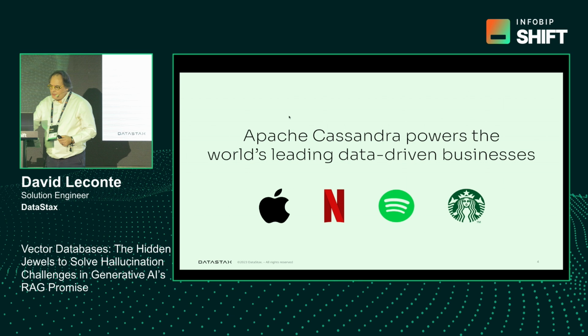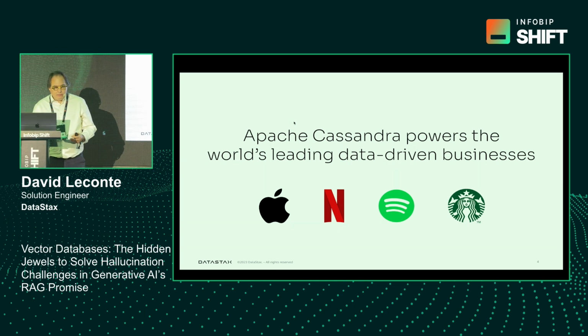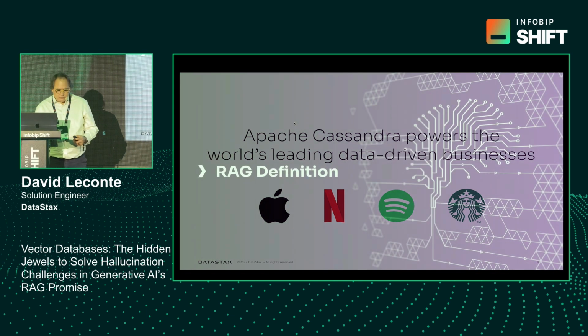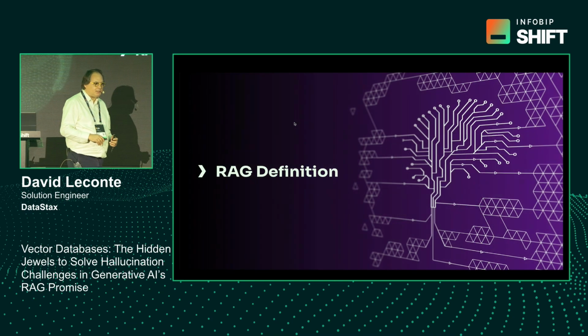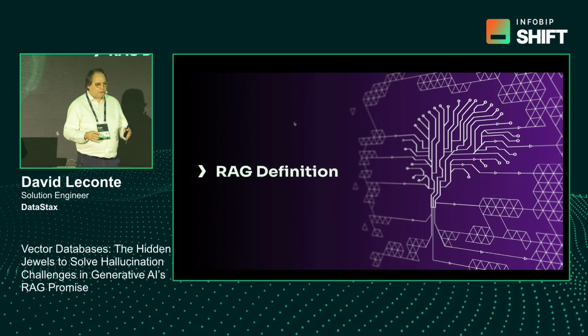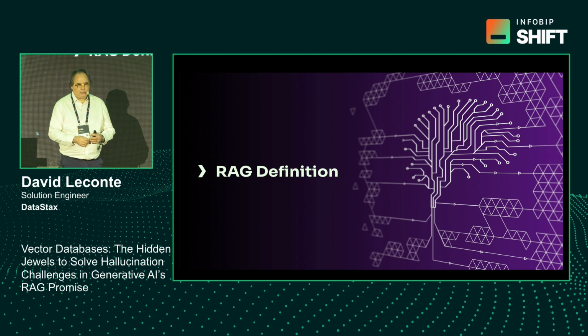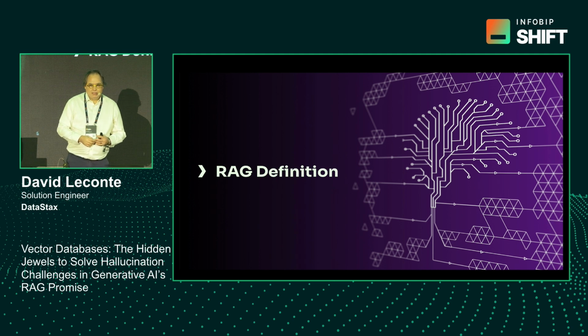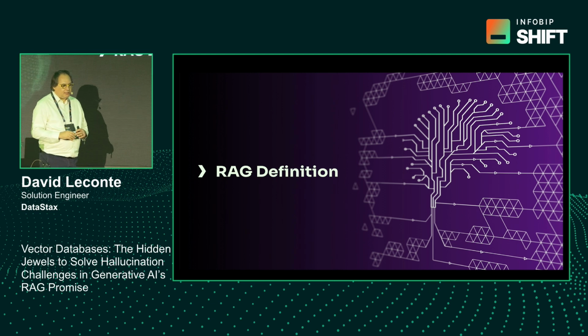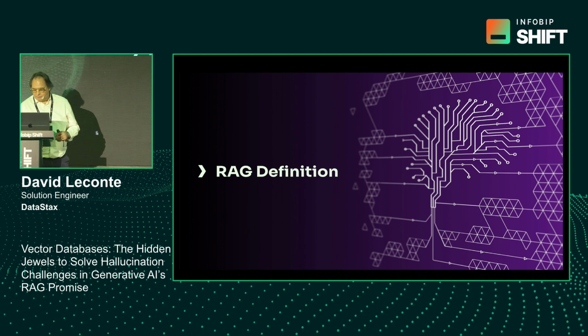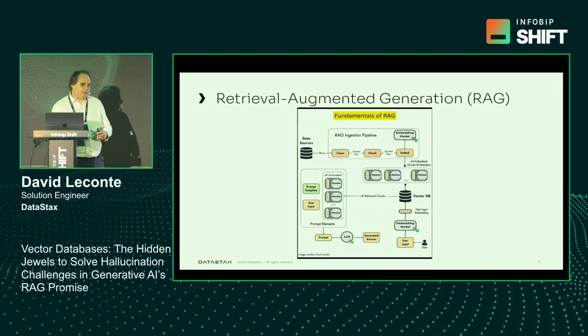So what happened is we pivoted to the Gen AI market last year, especially trying to find ways of helping enterprises to deal with the RAG pattern. But before starting, let's align on what is RAG. It will be quick.